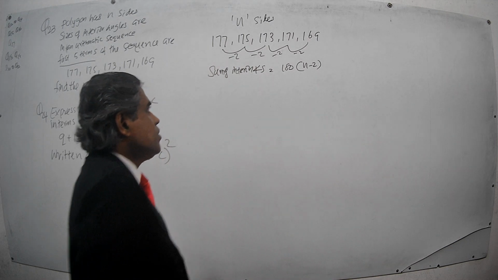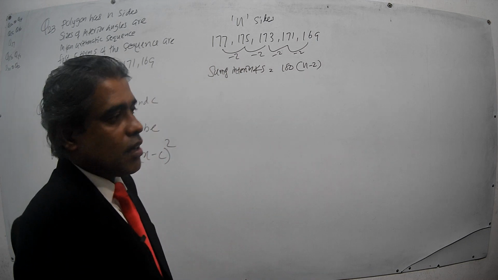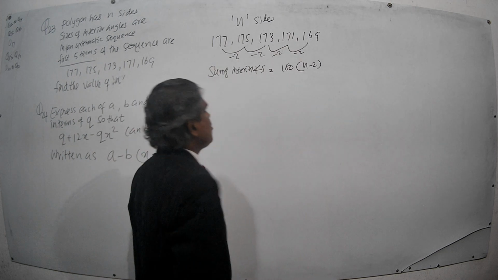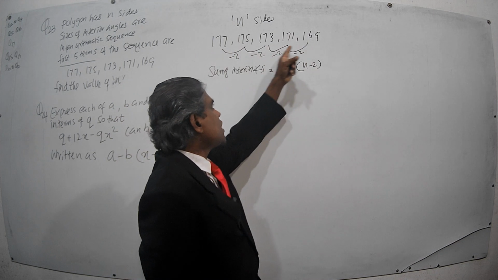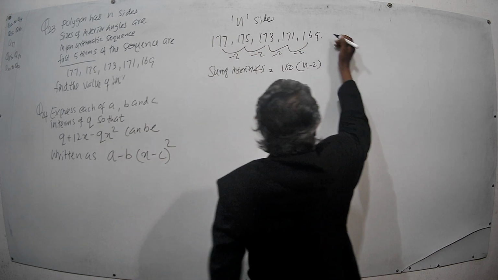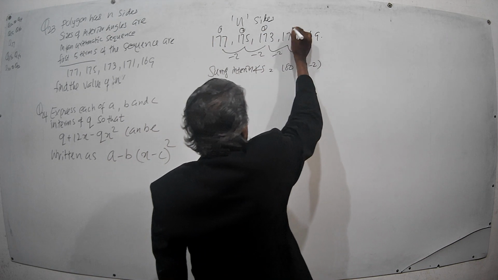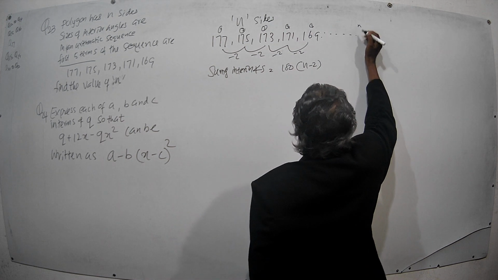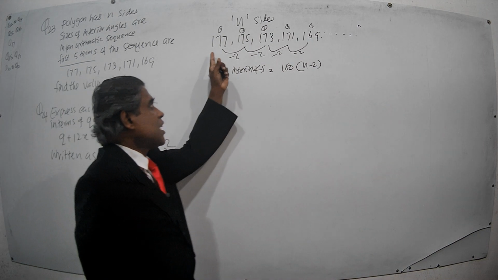Now there is another way to find the number of sides of this polygon, because the sizes of the interior angles are in arithmetic sequence. There will be n angles: first term, second term, third term, fourth term, fifth term, like that, n terms.